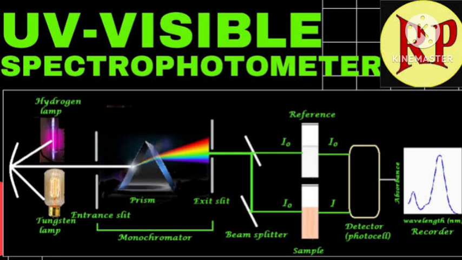One of the beams passes through the solvent, which does not absorb light, and passes the signal to the detector, whereas the other beam travels through the sample, which has some colored solution, so it absorbs some light and transmits the other light to the detector.